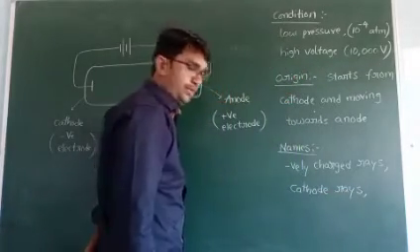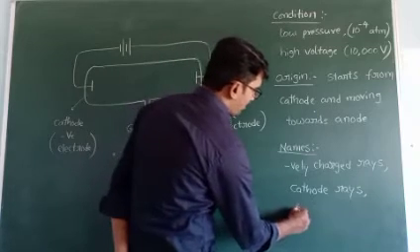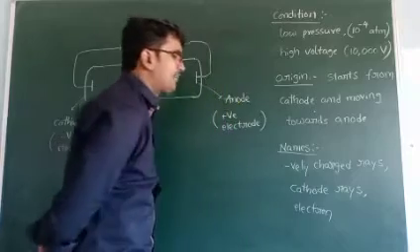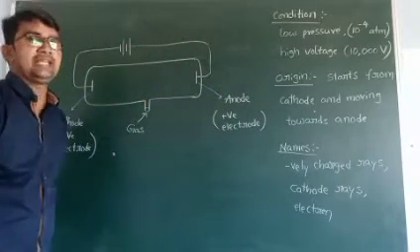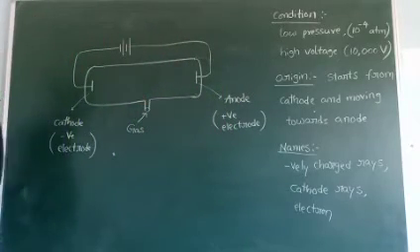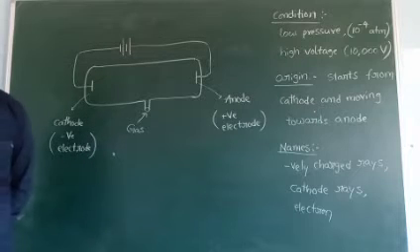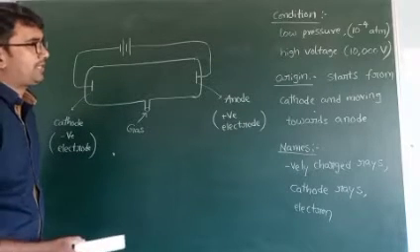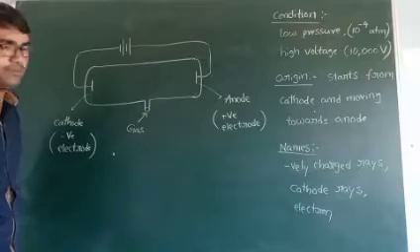And the third one, simply we know, electrons. So what are the other names of electron? Negative rays or cathode rays. Right? So the condition is very important, the origin is important, the names are important.